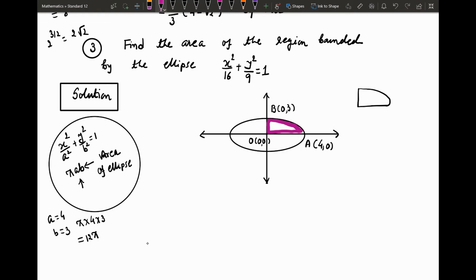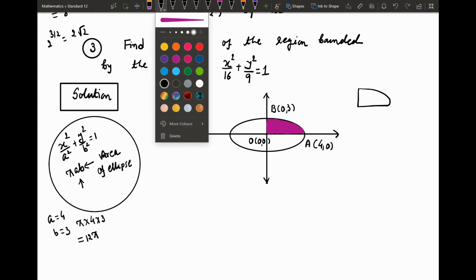After it we multiply it by 4, so we will get the area of the entire ellipse. Now first check this thing.